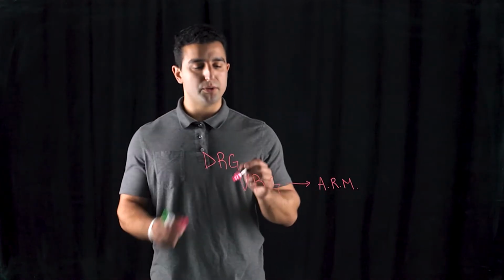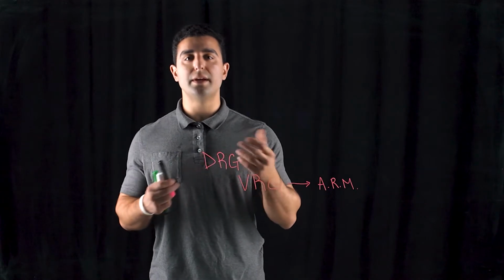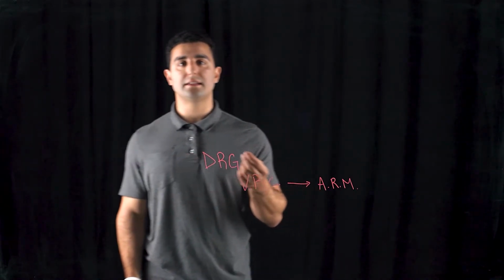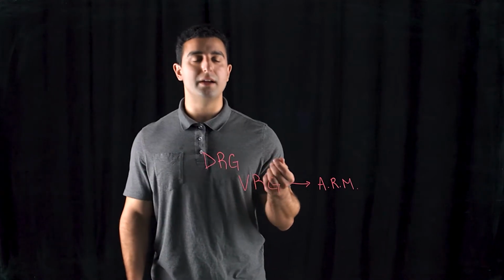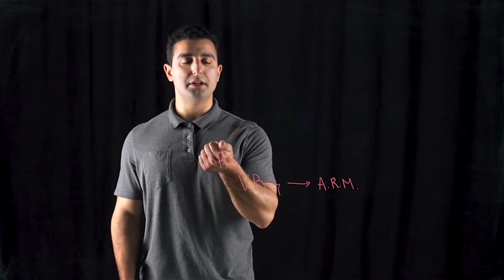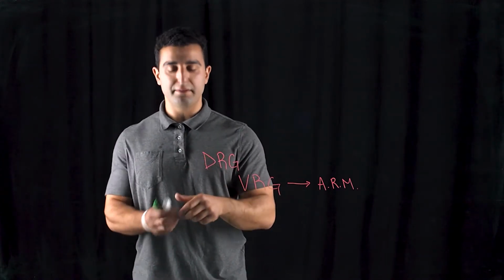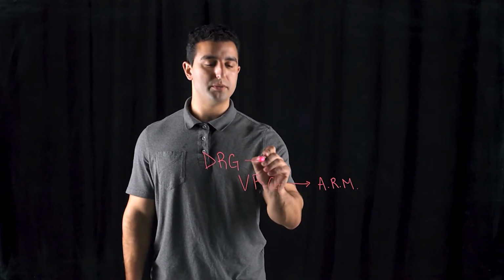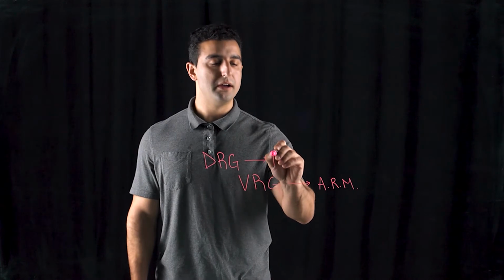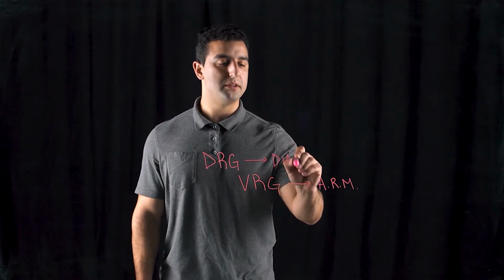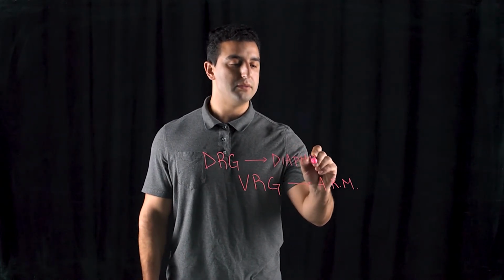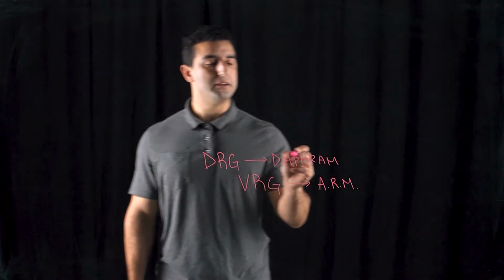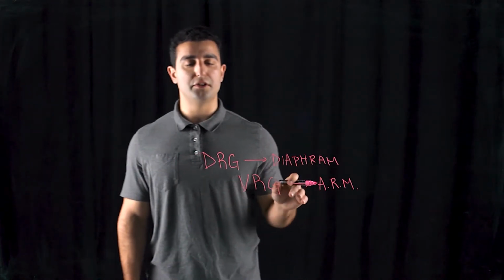The dorsal respiratory group, however, regulates specifically relaxed or quiet breathing. The majority of the control of the diaphragm comes from the dorsal respiratory group. The diaphragm receives impulses from the phrenic nerve, and the phrenic nerve causes the diaphragm to contract or relax.